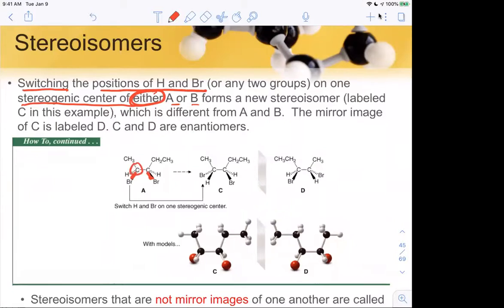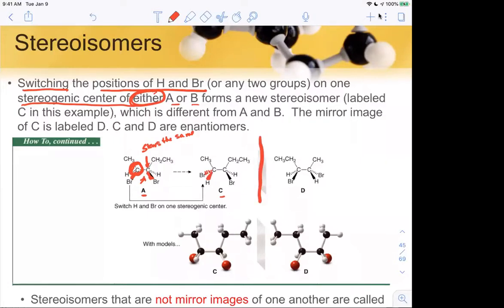So now I put the bromine hashed backwards and the hydrogen bolded forwards. So this is not the same as A, and it's not the mirror image because the only thing I changed was this. This stays the same. Now I could have arbitrarily changed that one and left the other one stay the same. I can just pick one.